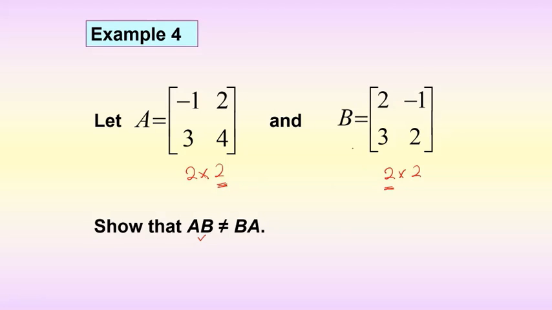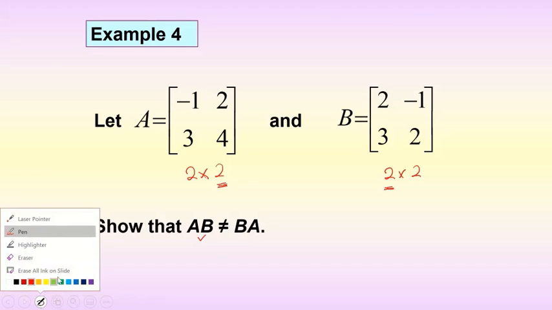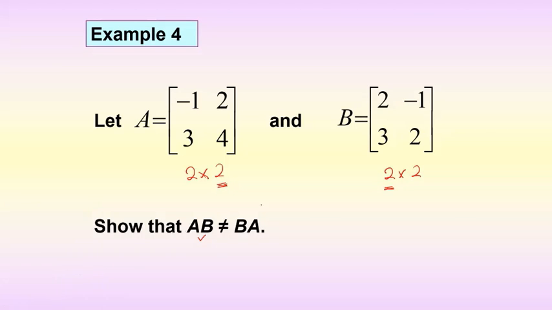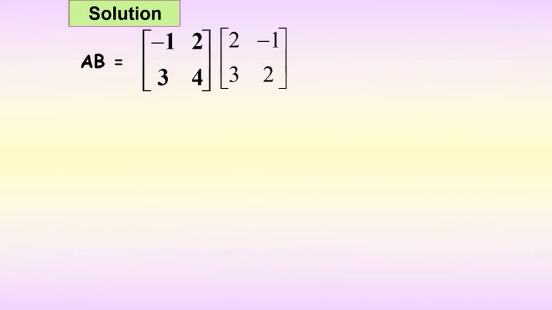We need to check the number of columns of matrix B and the number of rows of matrix A. They are also the same, so we can also perform this operation. Now we need to check whether the answers are equal or not.